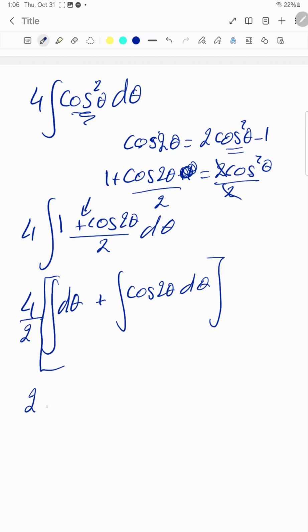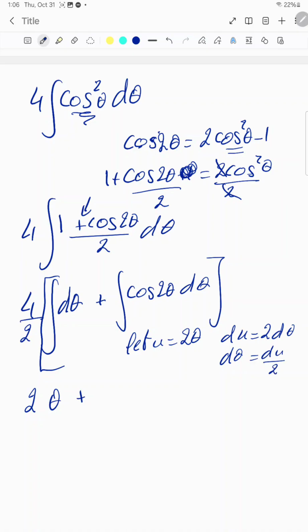Integral of d theta is theta plus, here I can say let u equal to 2 theta. So du is equal to 2 d theta. So my d theta is equal to du divided by 2. So my integral becomes cos of u, and I have to multiply it by the 2 here, because the 2 is for this and for this integral.